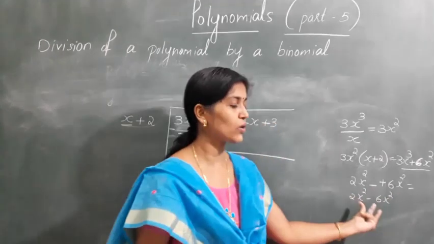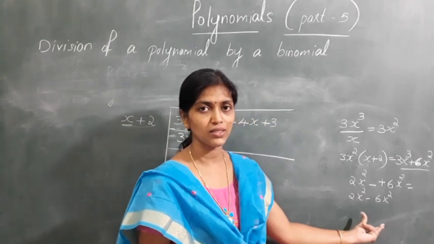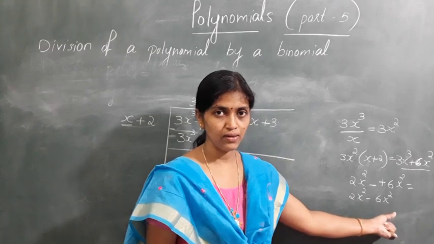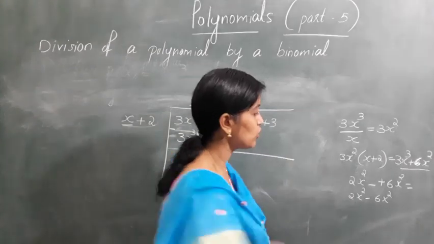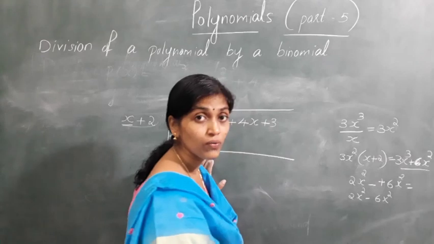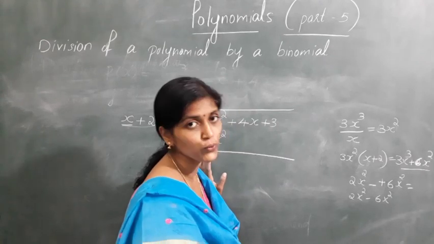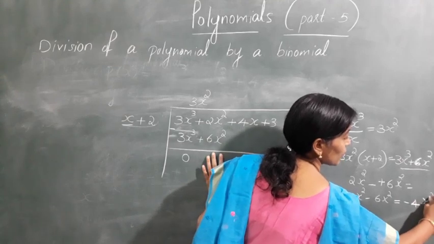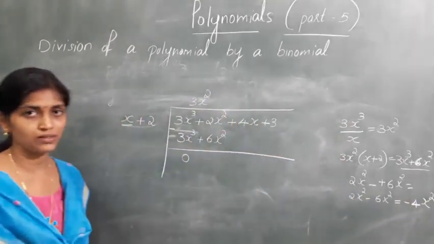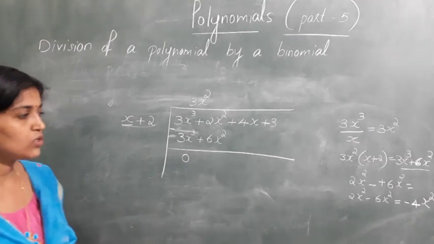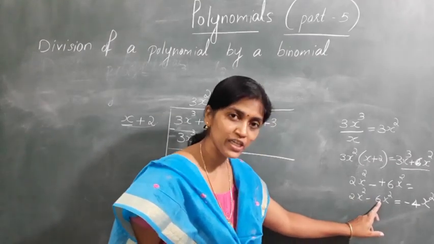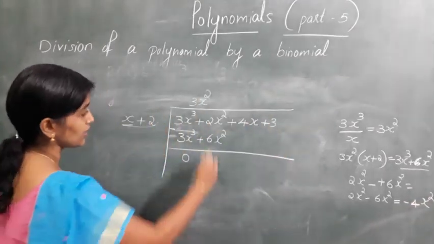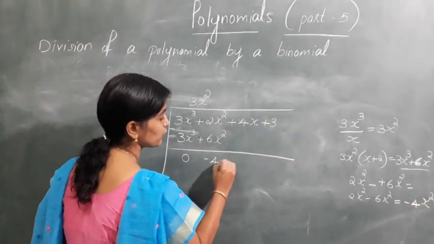It is a small number minus a big number, we have studied, we will put the minus sign. 2 minus 6 is minus 4. You have to take the variable along with that. So you get minus 4x square.